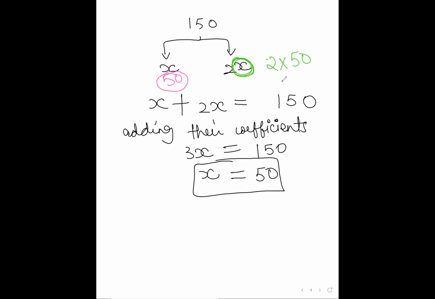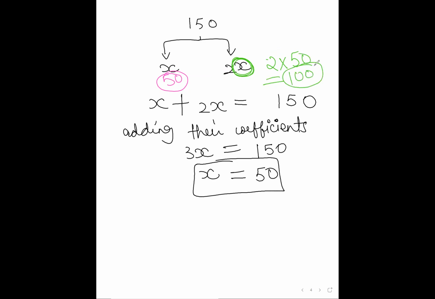So 2 multiplied by 50 is how much? Hiba, 2 multiplied by 50 is how much? Are you asking 20 multiplied by 50? No, 2 multiplied by 50. Oh, 2x. Oh yeah, sorry, 100. So this is equal to 100.